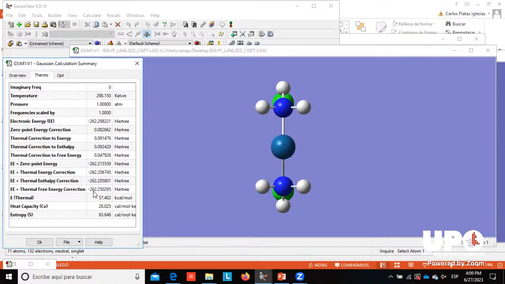So that's my G. By default, this is calculated at 298 degrees by the program. You can also select another temperature, but you know that G depends on temperature, of course. So this is for the cis isomer, and you could maybe check your value for the trans isomer.